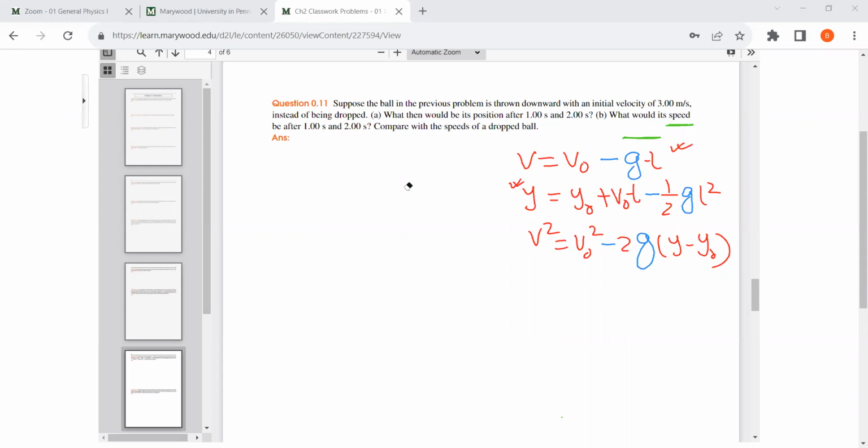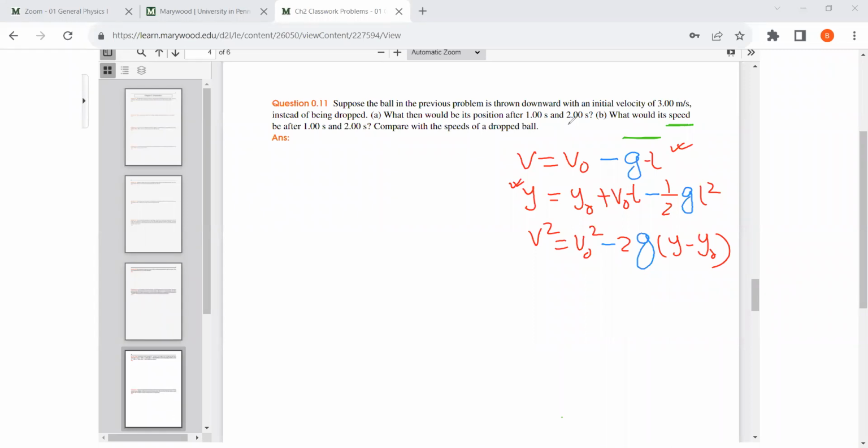Now to solve this problem we start with the same strategy that we used in number 10, and once we have the velocities we can convert that velocity into speed. All right, so here we want to know what are y1 and y2, when t is equal to 1 second and t is equal to 2 seconds.